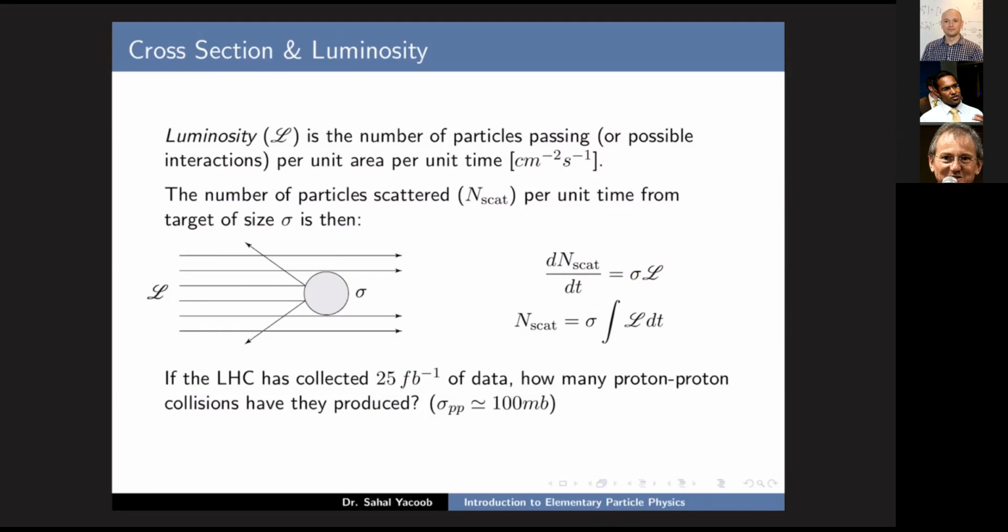So if I take the cross section for a particular process, let's say the number of times two protons collide, they create a Higgs boson, and then that Higgs boson decays to two photons.